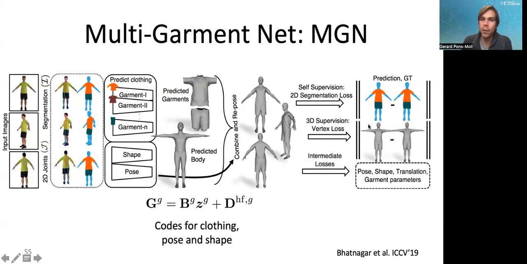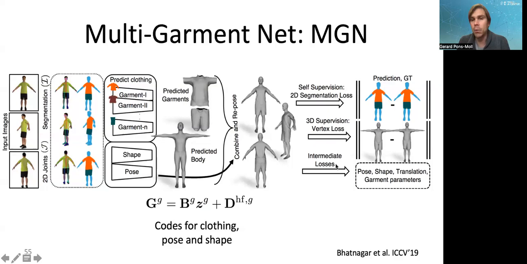And if you have a little bit of 3D data, then you can also apply supervision on the 3D scans directly, or 3D vertices. And if you have registrations, right, you can apply a loss on the pose, shape, and translation garment parameters. So this is a setup which is very similar to this neural body fitting, where we had these different types of losses.